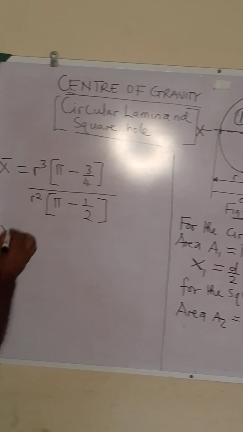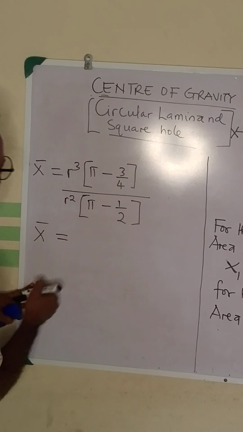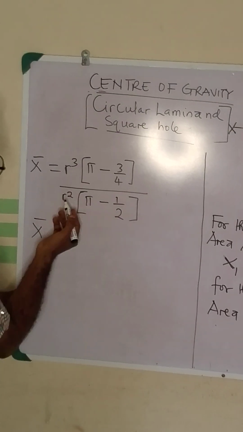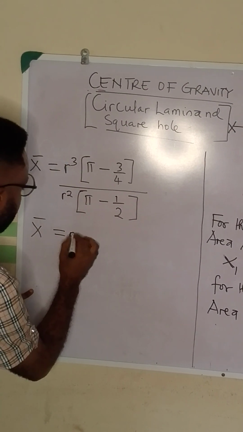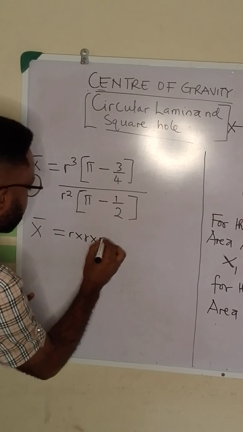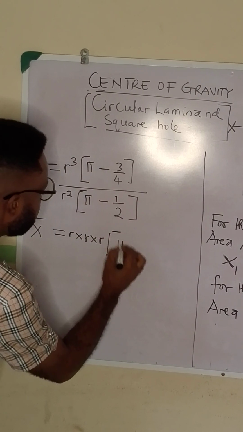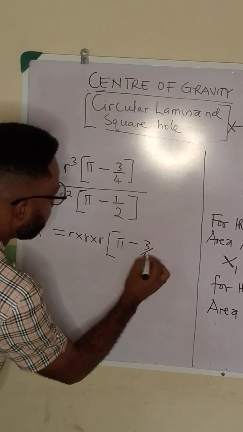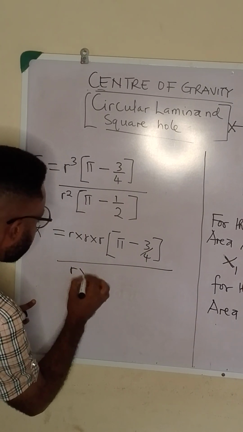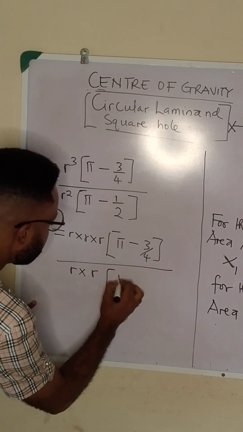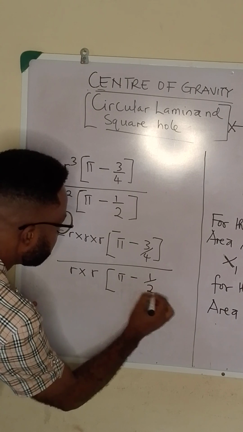And then we continue that x bar will be equal to, this can cancel out. Let me break this down. r cubed is the same thing as r times r squared, into pi minus 3 over 4, divided by r squared, which is the same thing as r times r, into pi minus 1 over 2.